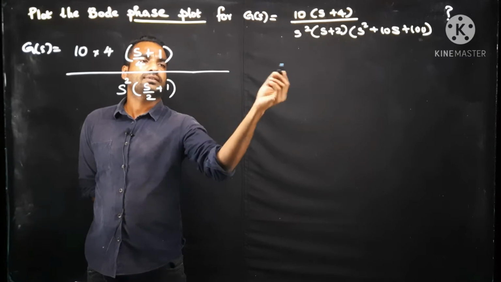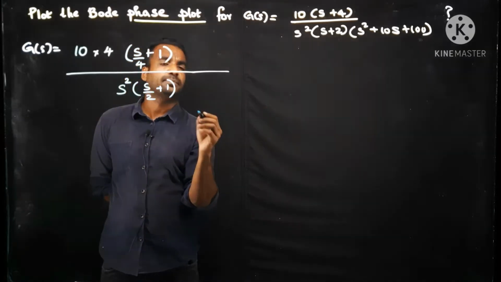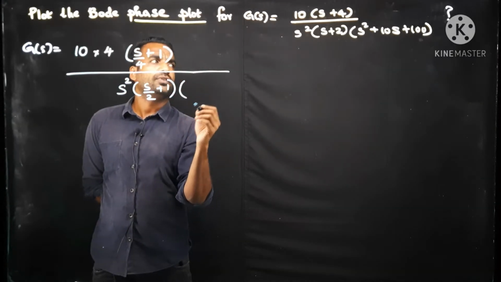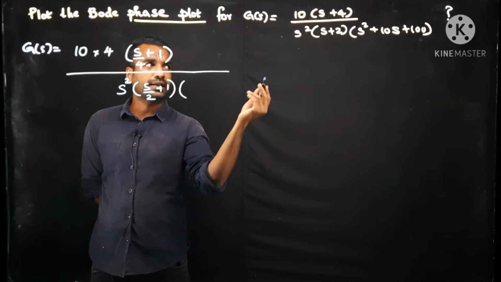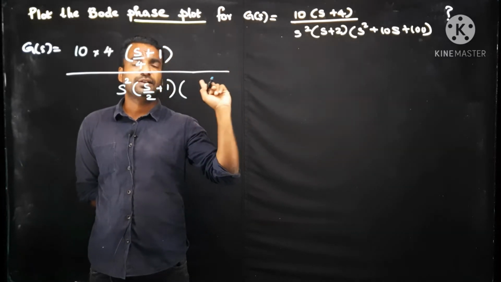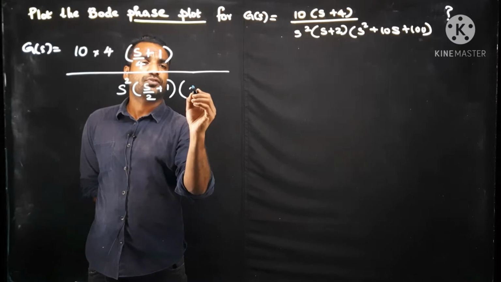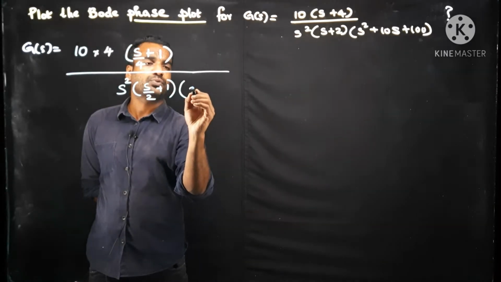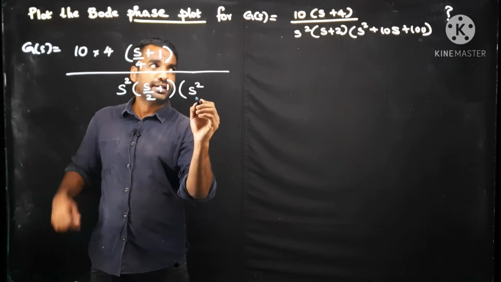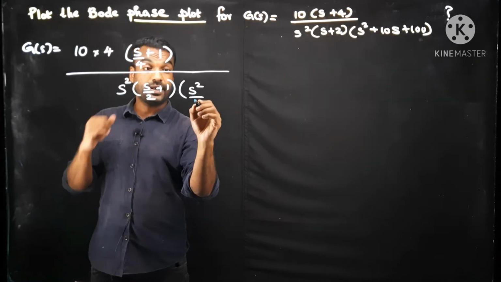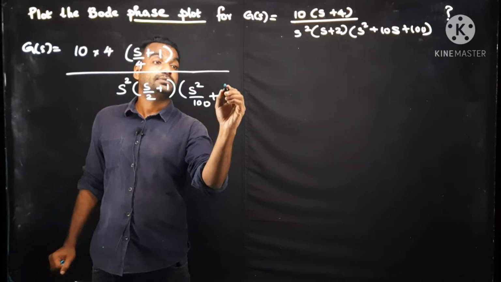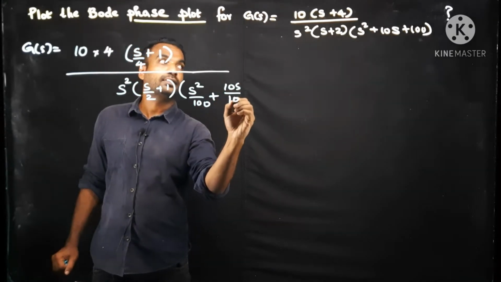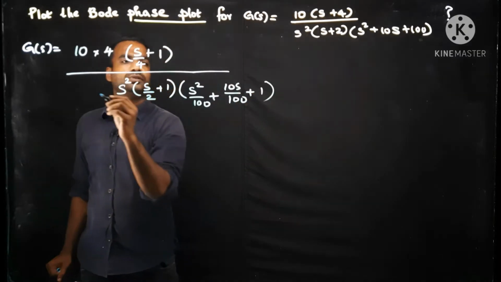And the last one is a second order quadratic system. In that, we have to take 100 outside because the final constant term should be 1. So, for taking 100 outside, we have to write it as s square by 100 plus 10s by 100 plus 1.